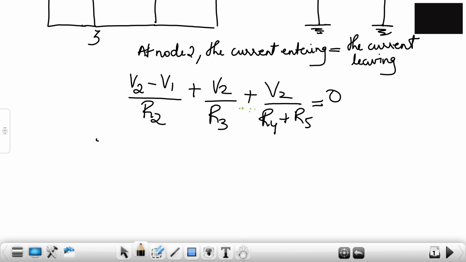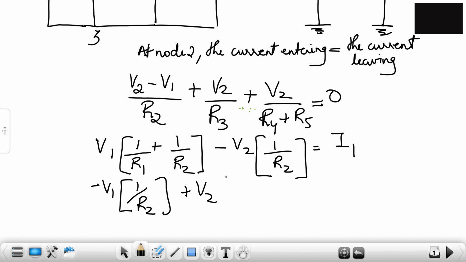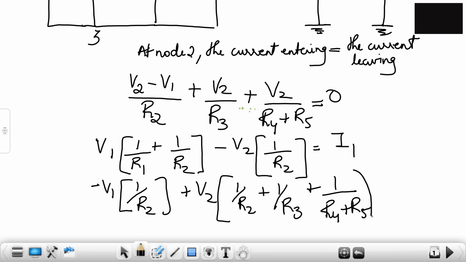So if we rearrange the equation, we get V1 into 1 upon R1 plus 1 upon R2 minus V2 into 1 upon R2 is equal to I1, and minus V1 upon R2 plus V2 into 1 upon R2 plus 1 upon R3 plus 1 upon R4 plus R5 is equal to 0.